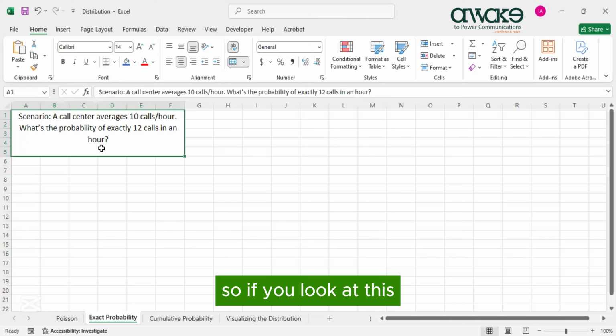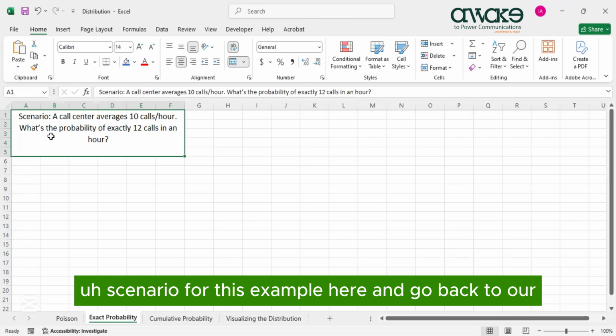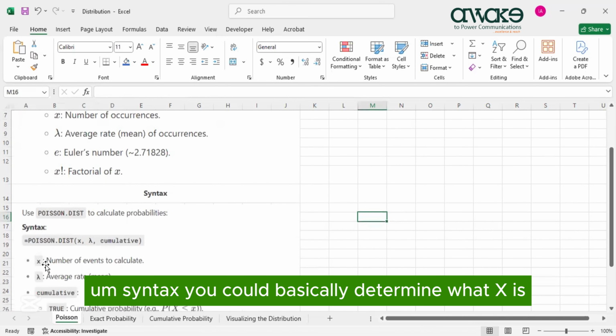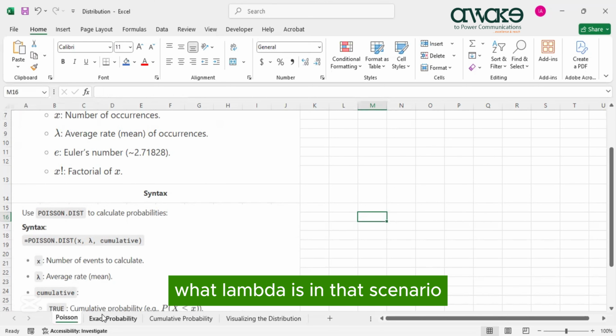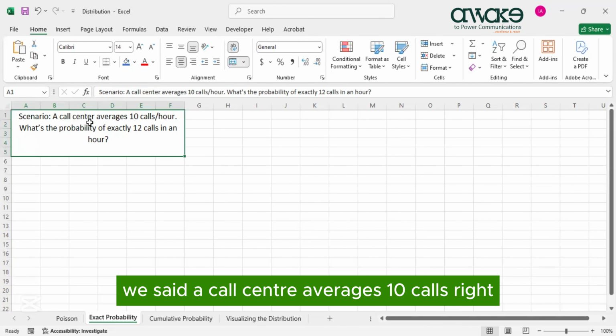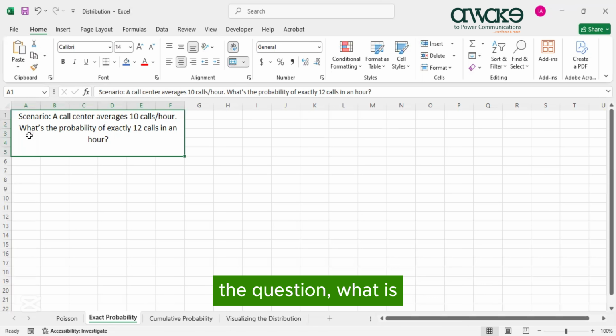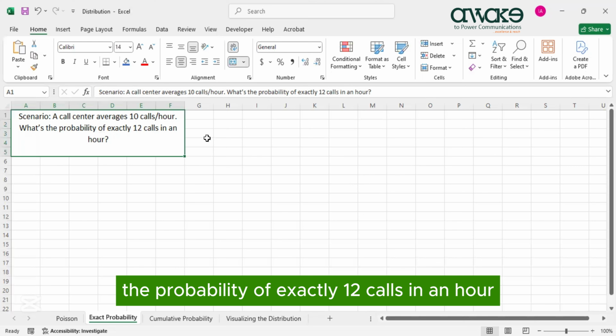So if we look at this scenario and go back to our syntax, you could basically determine what x is and what lambda is in that scenario. We said a call center averages 10 calls, right? So the average here will be the lambda. And then the question, what's the probability of exactly 12 calls in an hour?